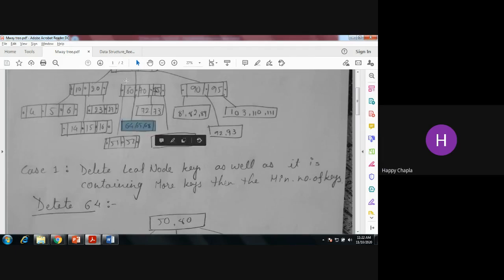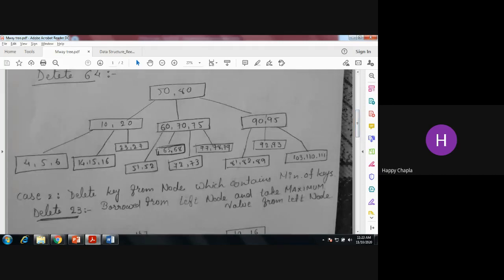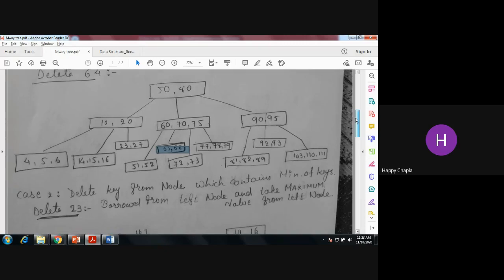If I am deleting this, it's fine for us, because this node contains more than the minimum number of keys, so we can delete it. Simply delete the 64. So now it's 65 and 68. Clear?